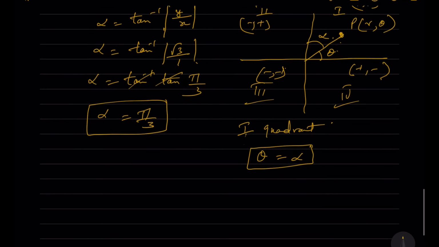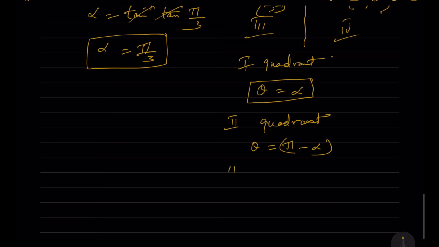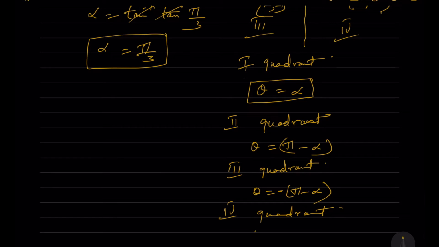In the second quadrant, theta is equal to pi minus alpha. In the third quadrant, theta is equal to minus of pi minus alpha. In the fourth quadrant, theta is equal to minus alpha.